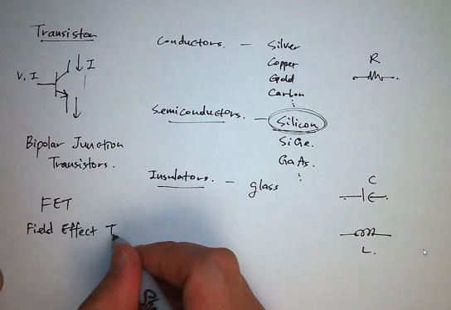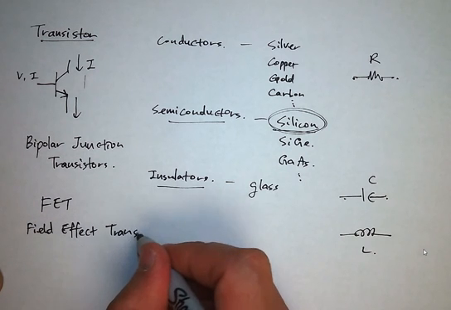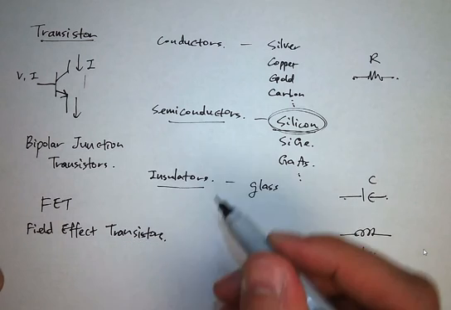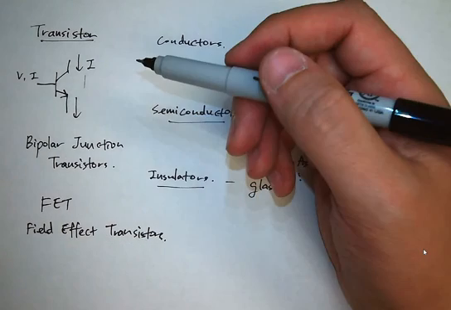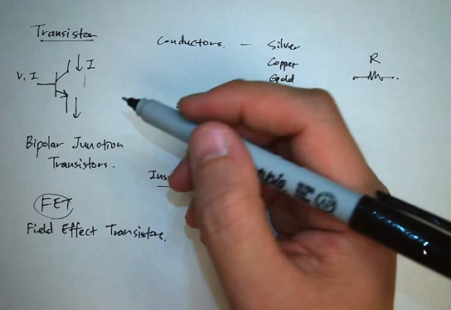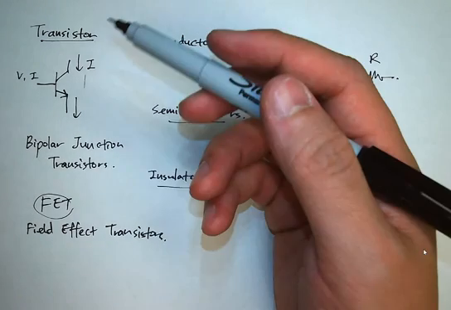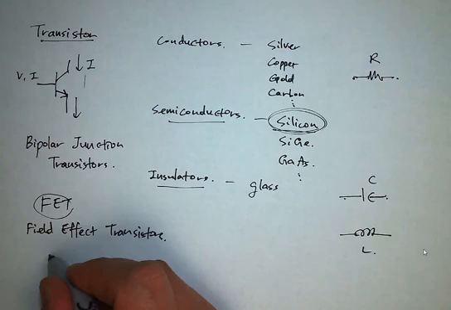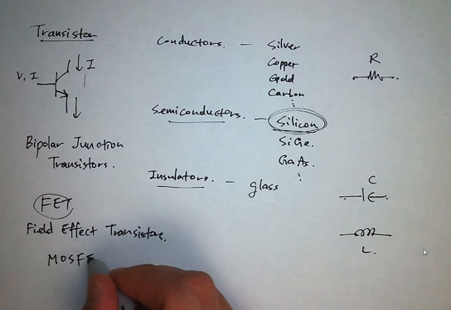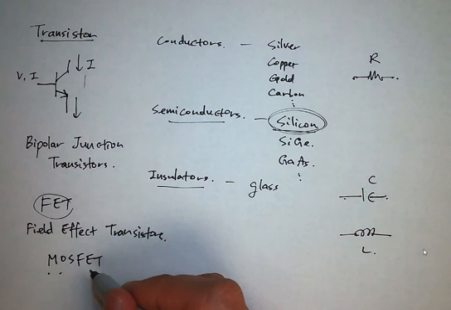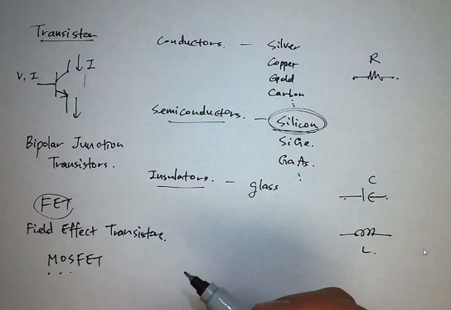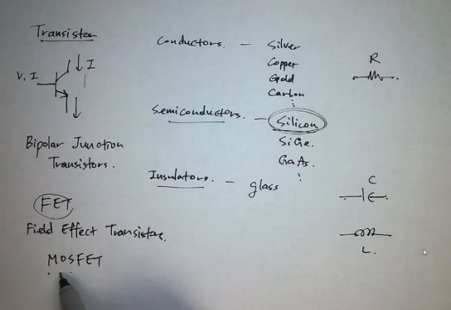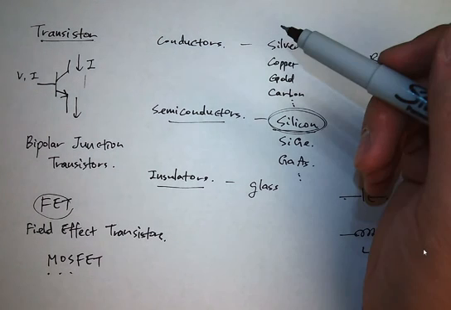And these are the type of transistors that are used in smartphones most often, the FETs. You have MOSFETs, various different types of FETs. MOSFET stands for metal oxide silicon field effect transistor.